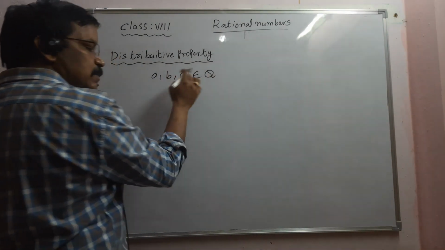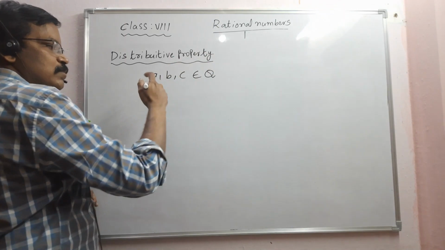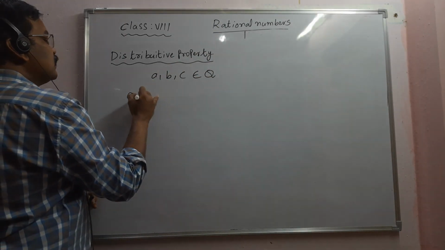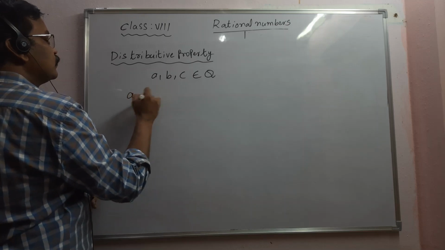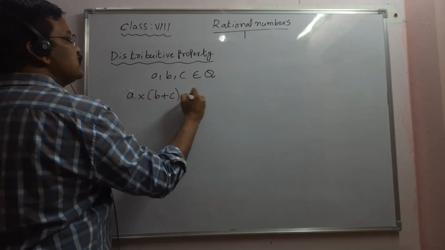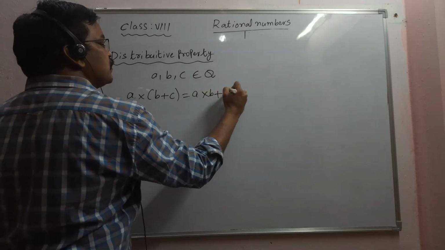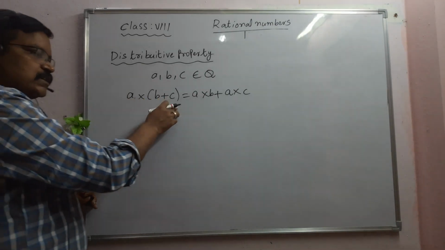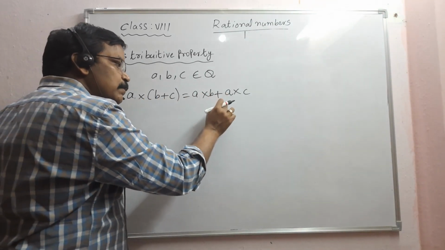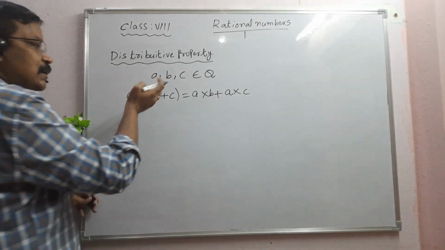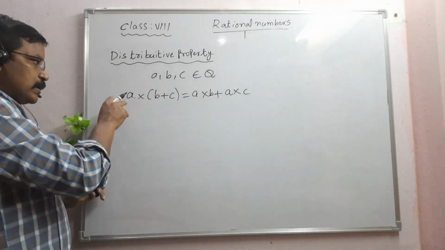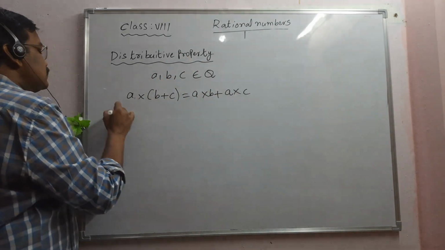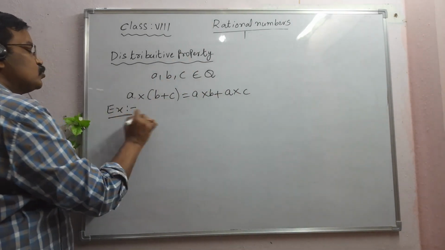A, B, C are three rational numbers, belonging to Q. A into B plus C is equal to A into B plus A into C. This is called the left distributive property. Here A is distributing to both B and C.